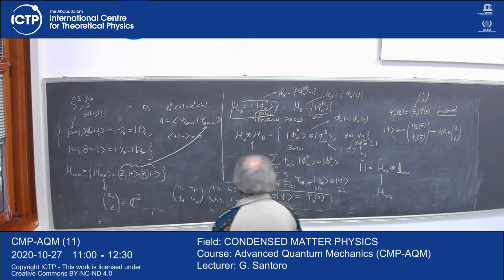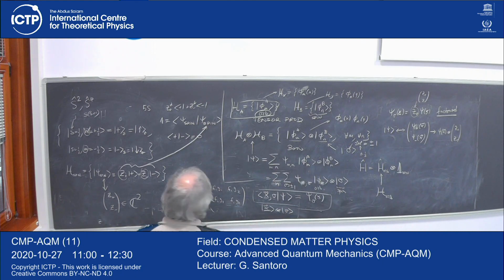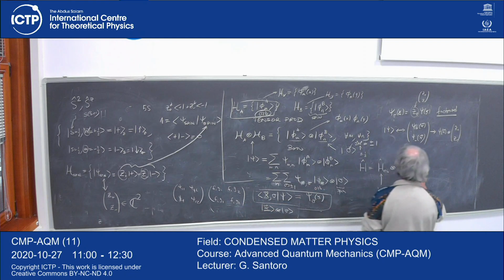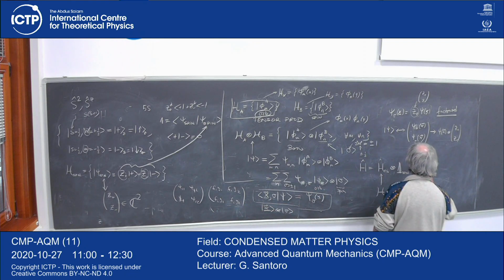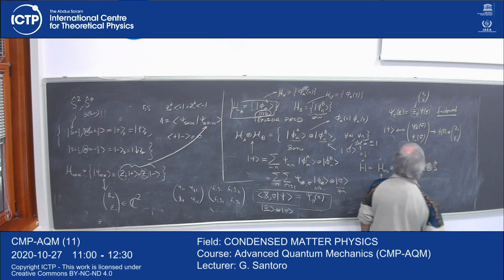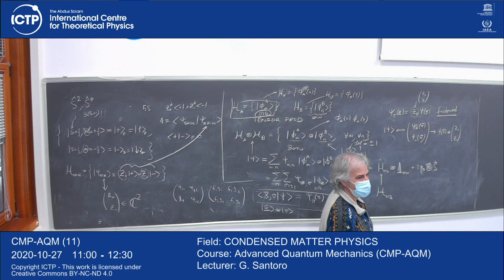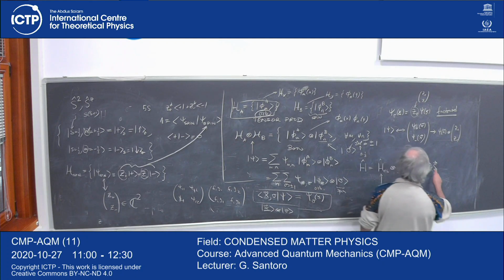I raised the fact that the Hamiltonian has the factor 2 UB, the spin, or B dotted into the spin. Where is the orbital part here? Nothing. This acts only on the spin.